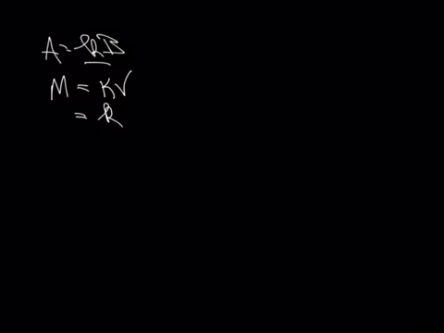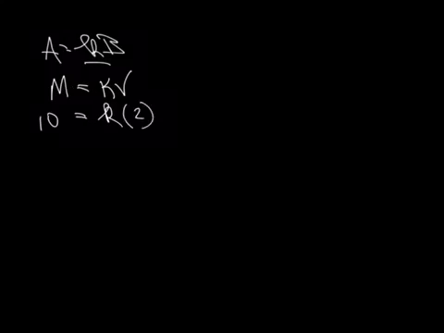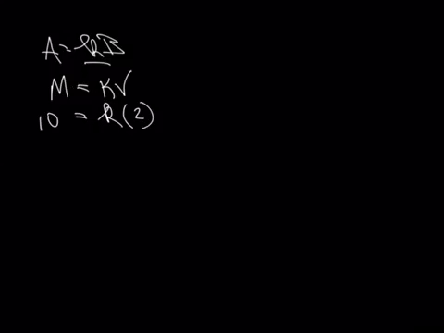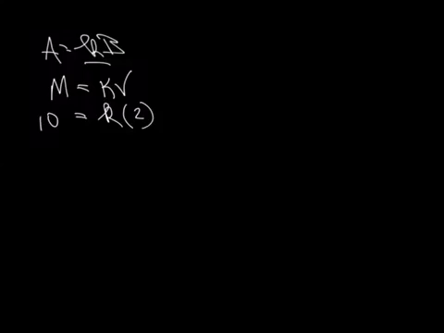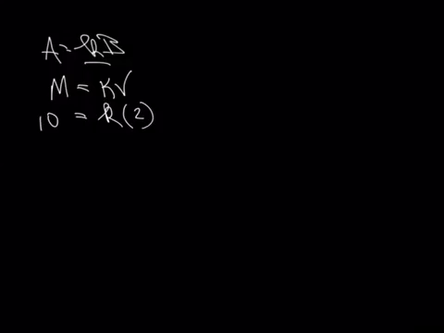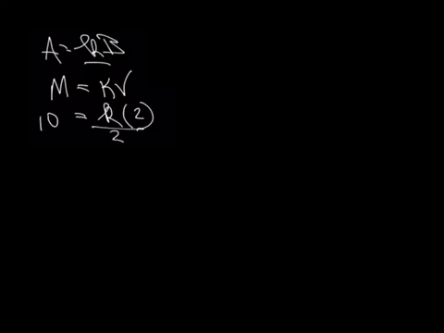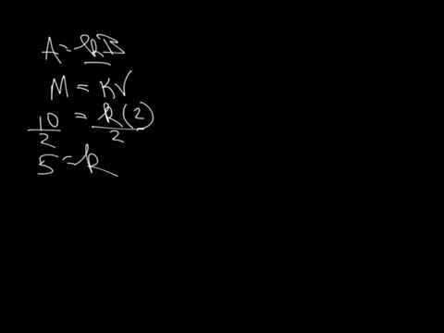If the mass of 2 liters of the substance is 10 kilograms, mass is weight. So that's going to be 10 kilograms. The way they've written this makes it confusing. Volume is liters. Okay, that's all we care about. Now we're going to find K. So we're going to divide both sides by 2, and 5 equals K.